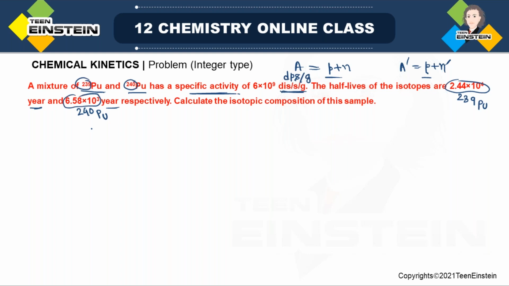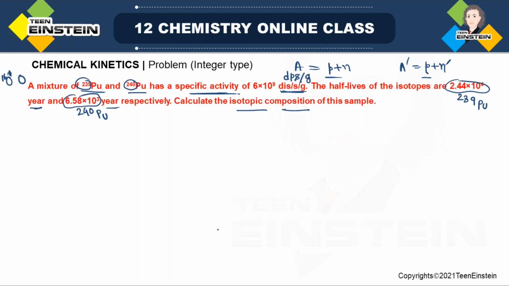Now what is actually being asked in the question? It is an integer type question; we have to find the isotopic composition. That means if the total is 100%, what is the percentage of 239 Pu and what is the percentage of 240 Pu? If there are two to three types of isotopes, for example isotopes of oxygen, there is 16, then 17, then 18.